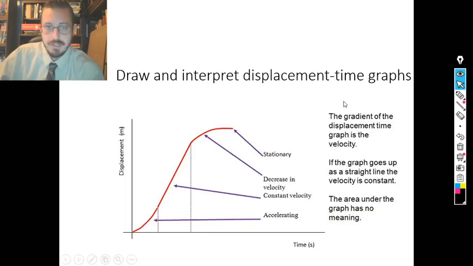Lots of good information on this slide, again, belonging to the learning outcome: draw and interpret displacement time graphs. So we have a displacement time graph, and the plot looks a little bit more complicated than we've seen previously. We're still plotting displacement against time, and so the slopes here give us velocity, but we see we have a changing slope. If we were to draw a line tangent to any point on this curve, we would see that the slope is increasing, right?